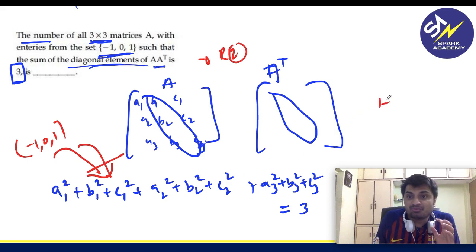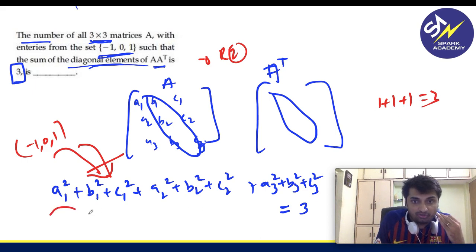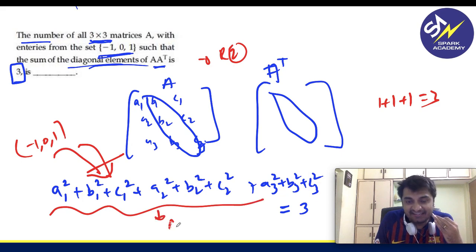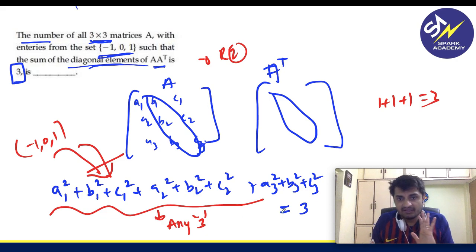Now when will you get 3, guys? Only 1 plus 1 plus 1 will be 3, right? So any 3 elements should be there, whose sum should be 3. So out of all these, any 3 I need. But again you have a choice, right? Because it is a whole square, I can take -1 as well as +1.